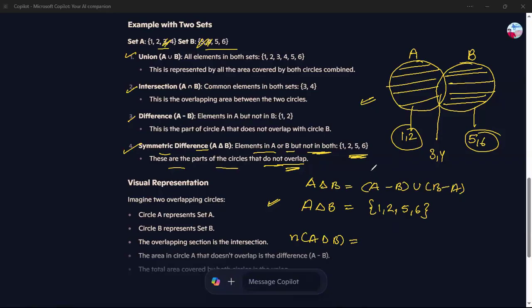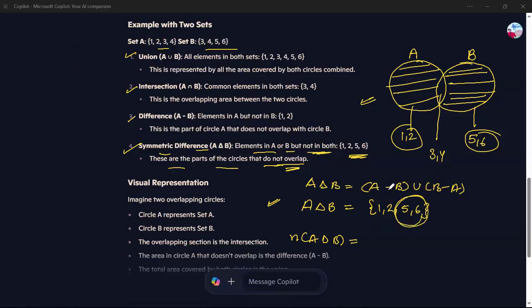Look here and tell me what is A minus B? 1, 2. Very good. So this is A minus B, right? And what is B minus A?